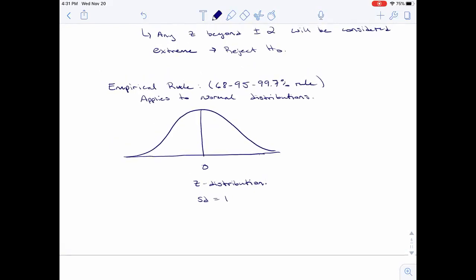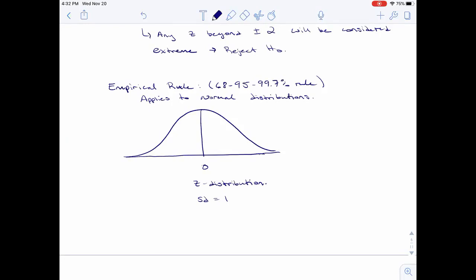What the empirical rule says, and this applies to all normal distributions, but we're just looking in the special case of the z-distribution because it's easier to think about, right? The empirical rule says that if we go from the mean, being 0 for this example, if we go up 1 standard deviation and down 1 standard deviation, we've covered the central 68% of the curve, right?